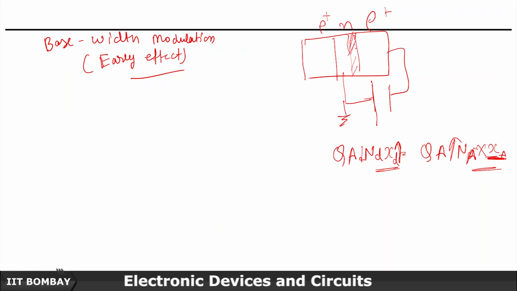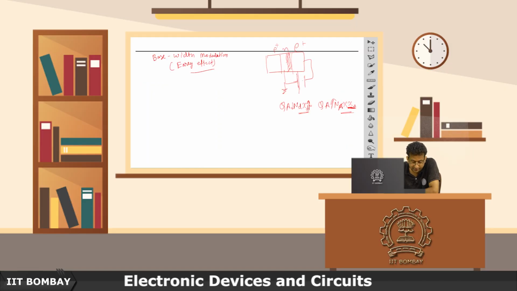So already this width will be higher here compared to here, and on top of the applied battery, this will further increase the depletion region; this will add to the V naught. Because of this equation and because of this doping profile, where the base is lightly doped compared to the collector, the depletion region will extend more and more into the base region.